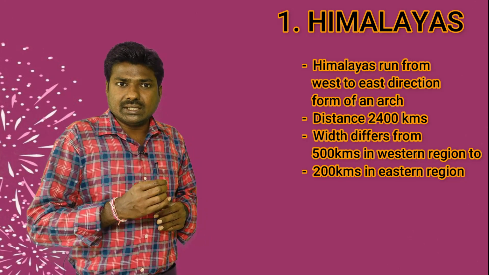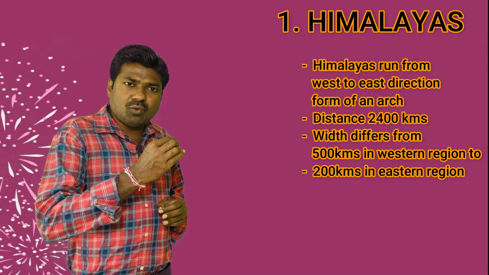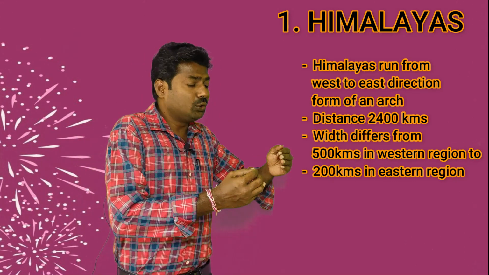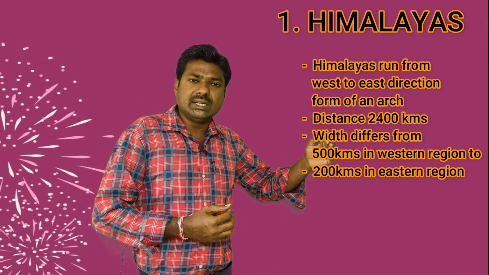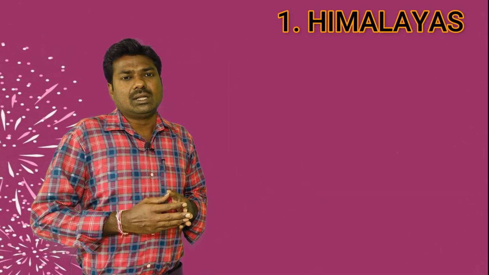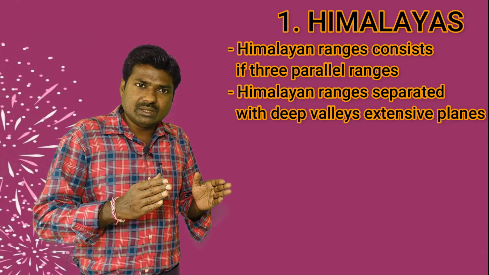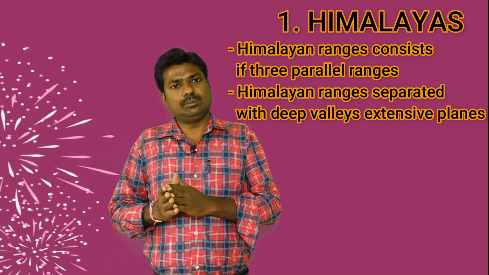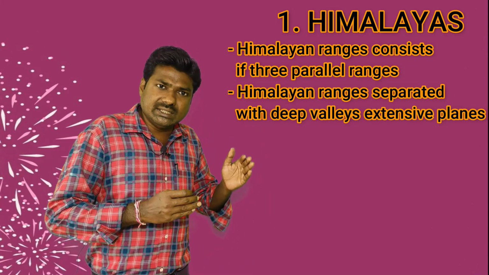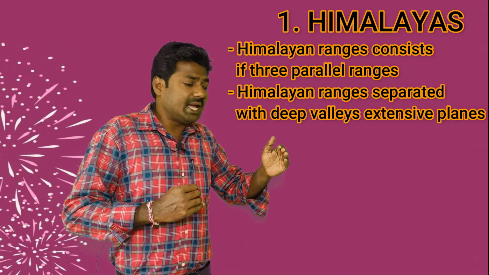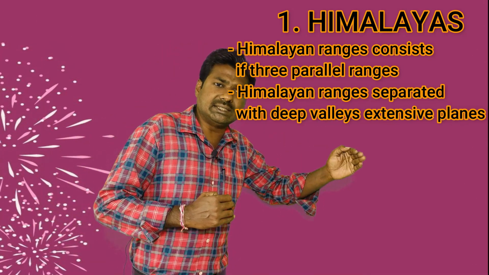Their width differs from 500 kilometers in the western region to 200 kilometers in the central and eastern regions. The Himalayan ranges consist of three parallel ranges, separated by deep valleys and extensive plains.